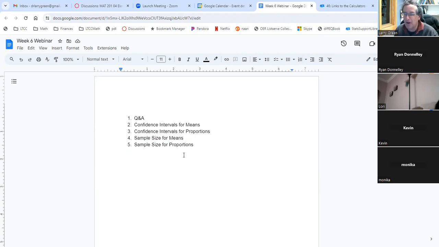Okay, so that is the plan for today. Again, this is all about confidence intervals. I will give you a warning: there's going to be a lot of writing, so get used to it. I'm going to give you a lot of templates on words that you need to use for the exam. When you're doing the week 6 exam, you're going to have the verbiage that I tell you in this webinar, so pay attention to the webinar.